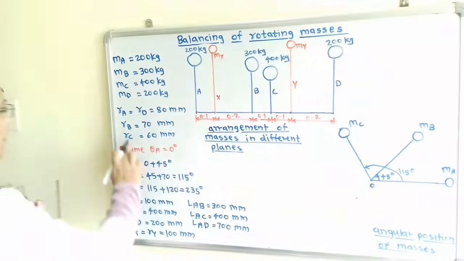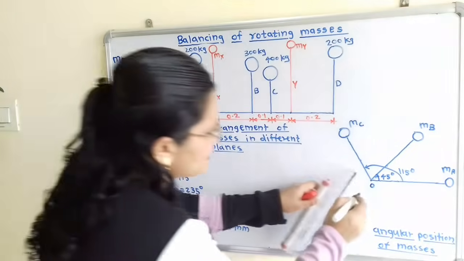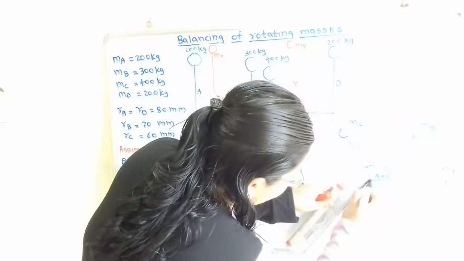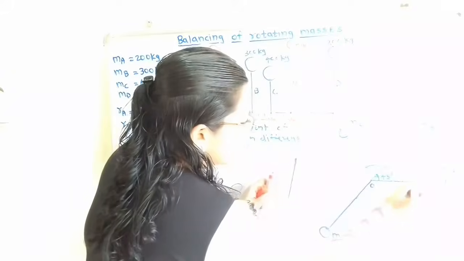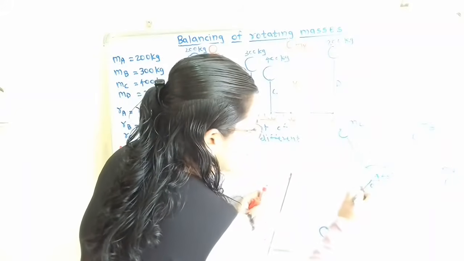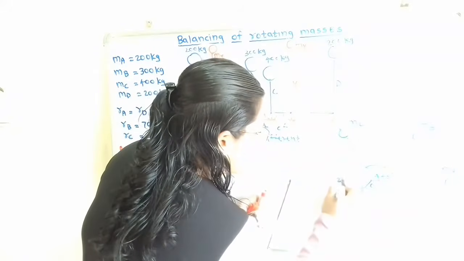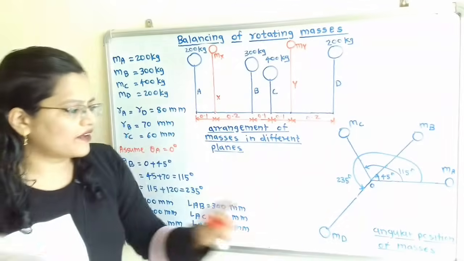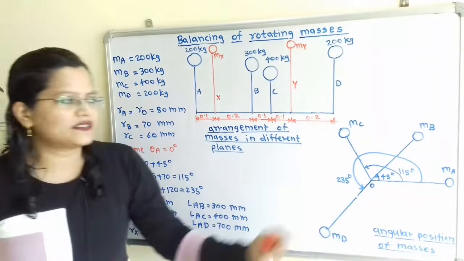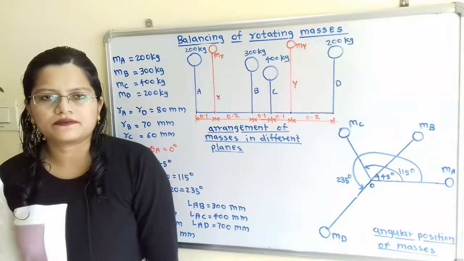RD is 80 millimeter, so we will take 8 centimeter distance and we will mark here, that is MD. And now we will mention this total angle, and this angle is 235 degree. So the second diagram, for the angular position of masses, is getting completed.